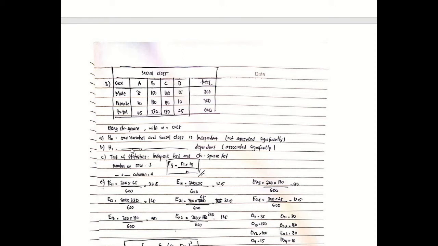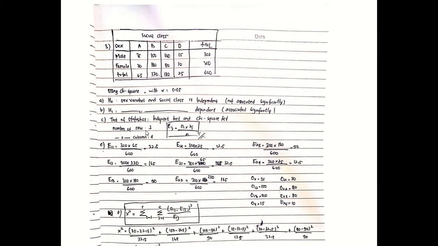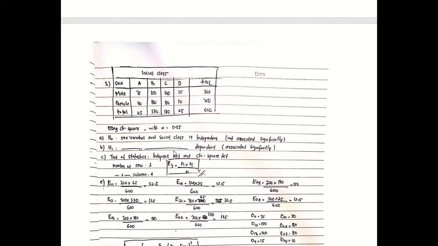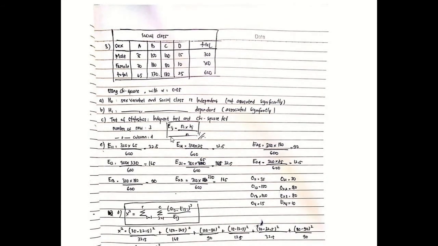Hypothesis 1: the sex variable and social class are dependent, or associated significantly. For the test statistic, it is the independence test, the chi-square test. The number of rows is 3 and the number of columns is 4. And we get the formula E_ij as n_i times n_j divided by N.